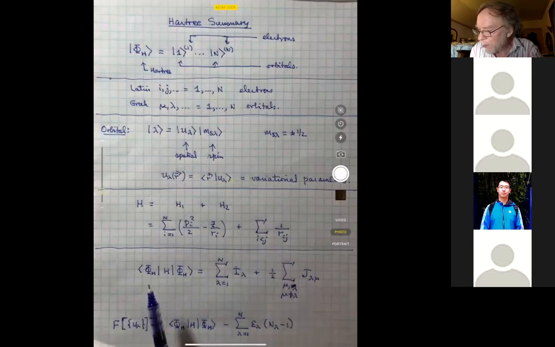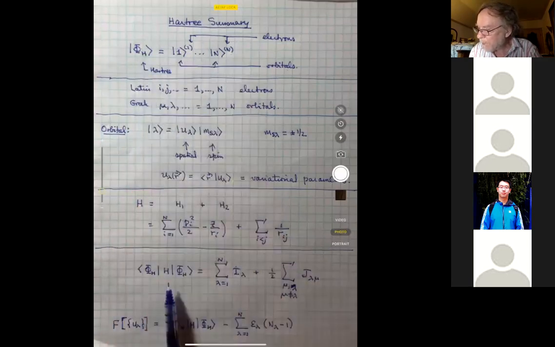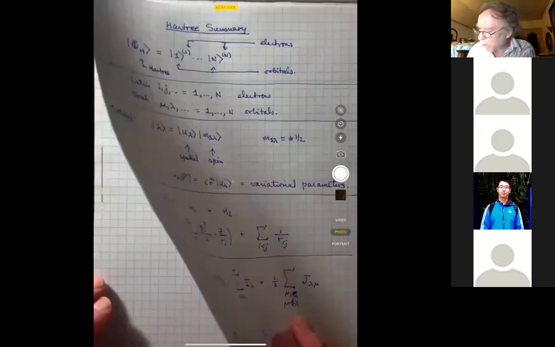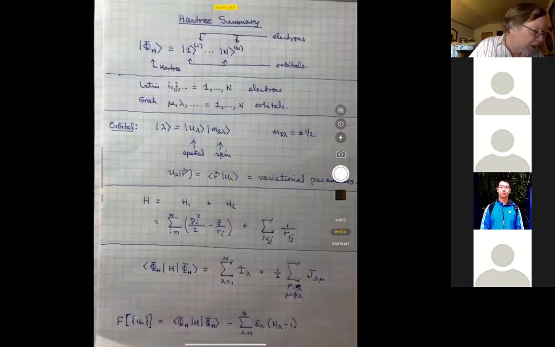So in accordance with the variational principle, we need to compute the expectation value of the Hamiltonian with respect to the Hartree state, which is up here. And this turns into a sum of two terms. One is a sum over integrals I call I lambda from 1 to n. And I've got somewhere here, is it here? No, it's over here. I've got an integral summary page. So here's the integral summary page.